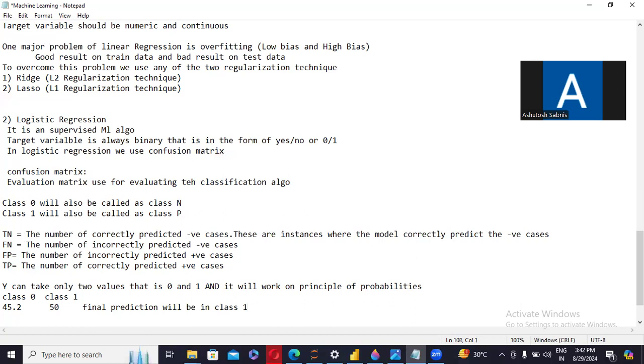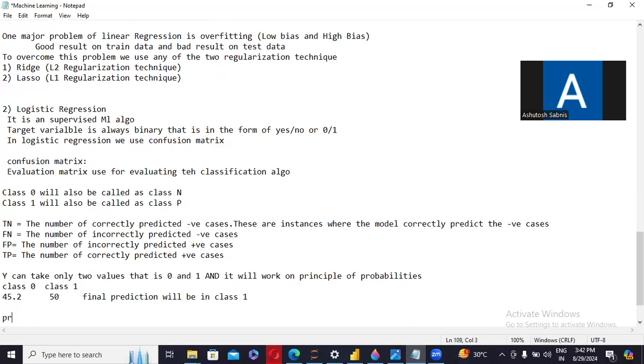So now, what is the probability of odds? P plus Q should always be equal to 1. P is the class 0 value and the class 1 value is Q. So the addition will always be equal to 1.